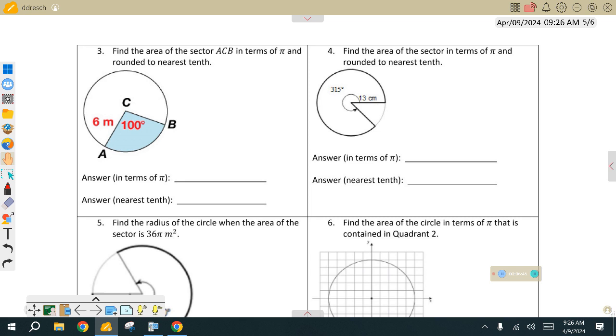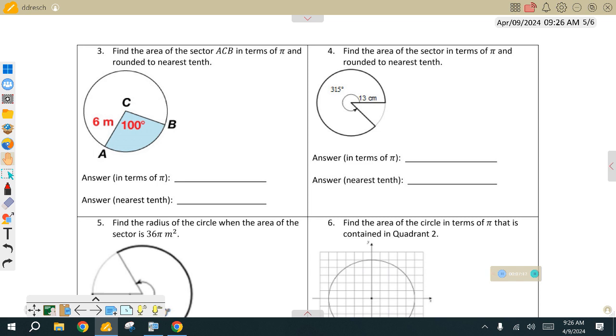It's not a nice quarter, it's not a nice half. It is 100 degrees. Find me the area of this sector ACB. The biggest thing I can tell you on Friday is students don't necessarily read very carefully, and they find the arc length when they find the sector or vice versa. So it's going to state clearly, find me the area of the sector.